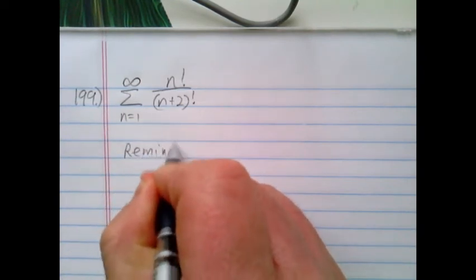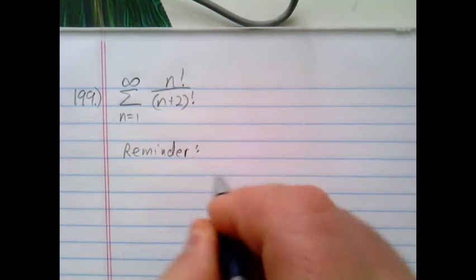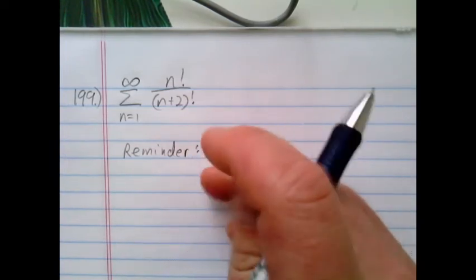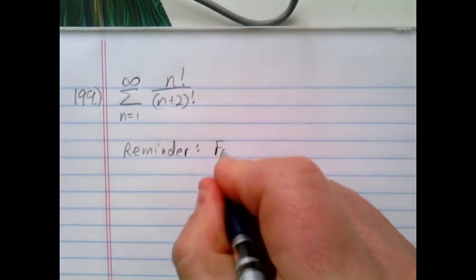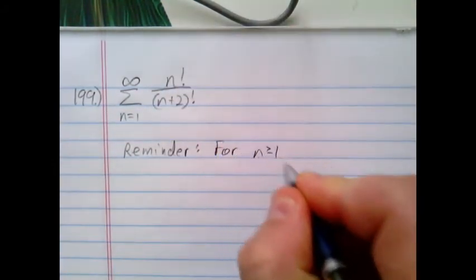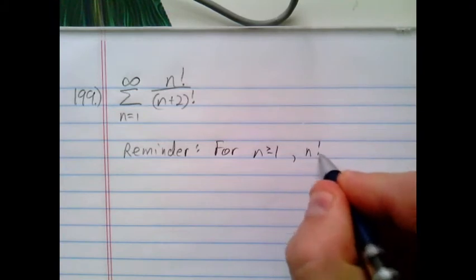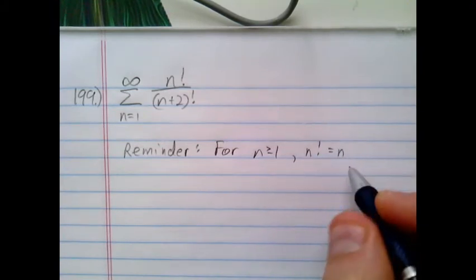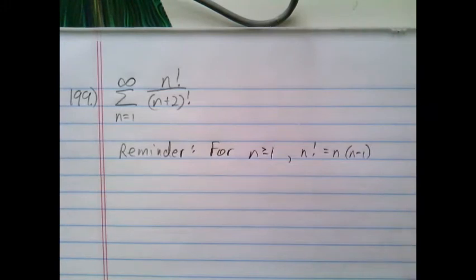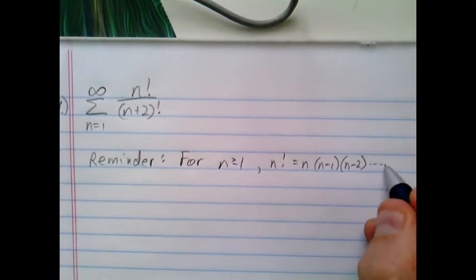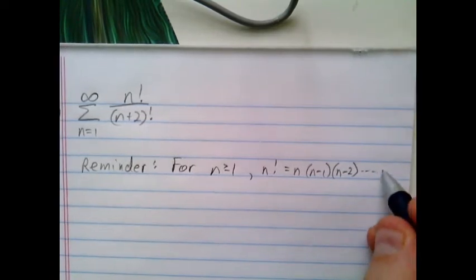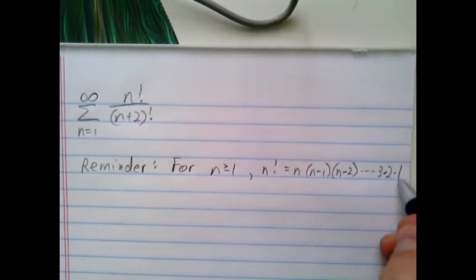So, let me just remind you what a factorial means. For n greater than or equal to 1, n factorial equals n times n minus 1 times n minus 2, and you keep decreasing by 1 until you get all the way back to 1.